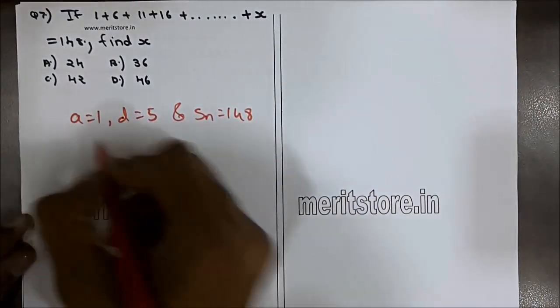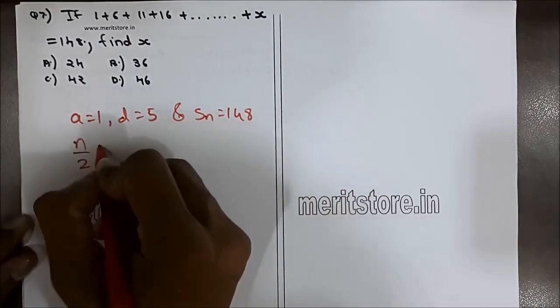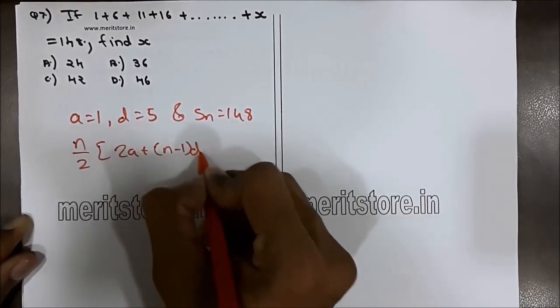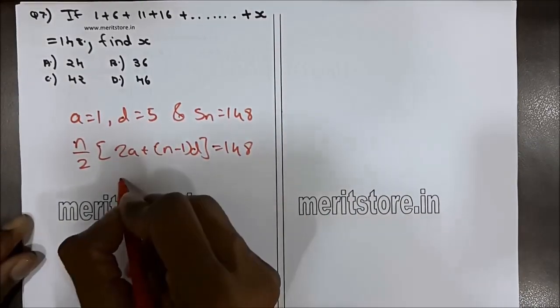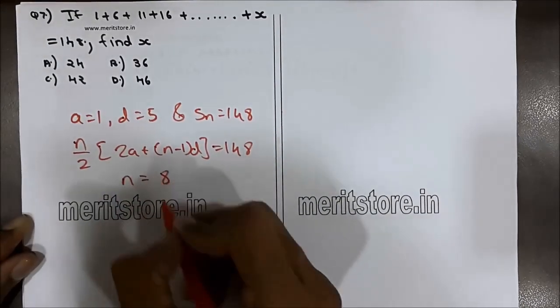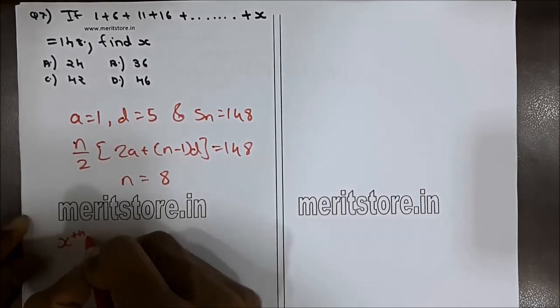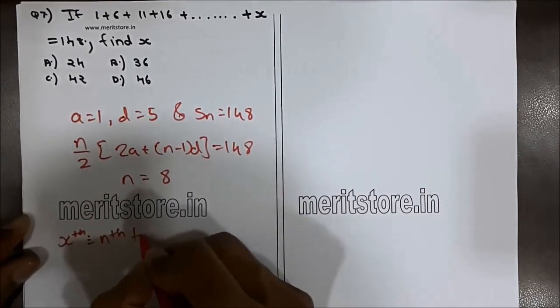So we solve for the sum of the terms, that is n by 2 times (2a plus (n minus 1) d), which is equal to 148. We solve this for n, we get n is equal to 8. Now let x be the nth term.